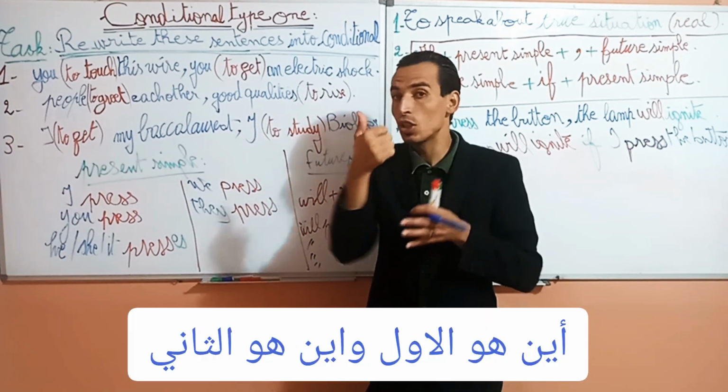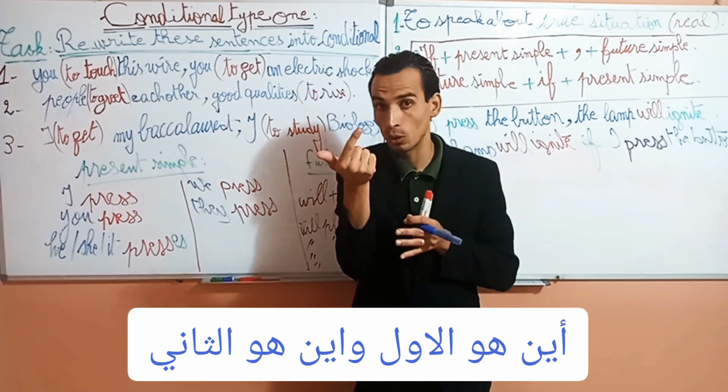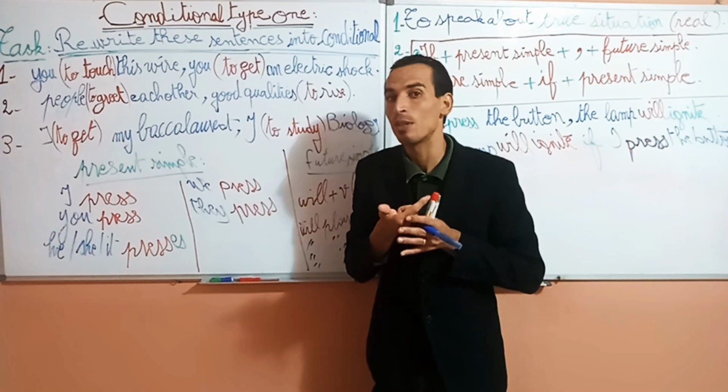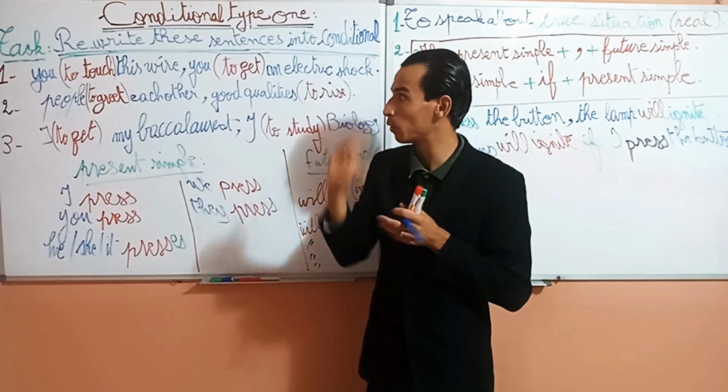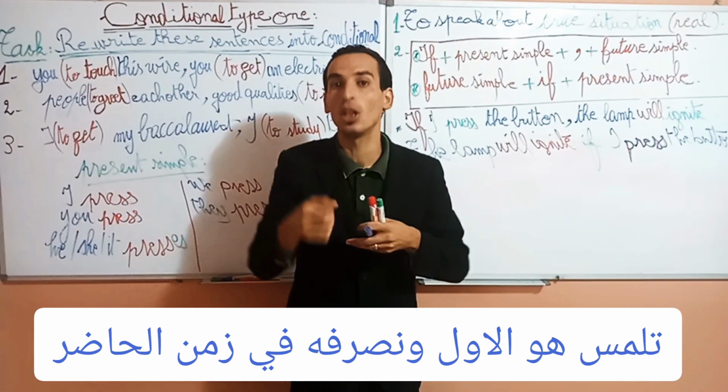So which one here is number 1 and which one is number 2? It means which one is the condition and which one is the result of the condition. Of course, to touch is number 1, the condition.